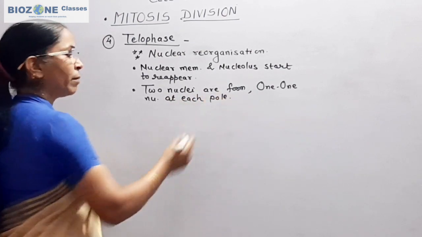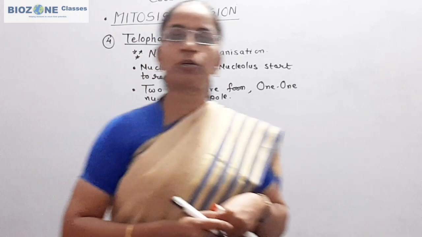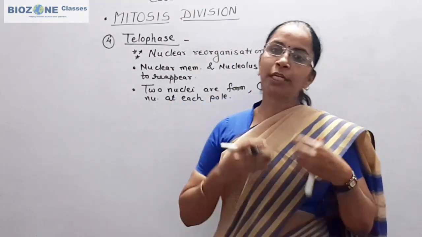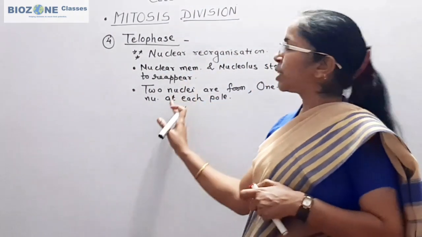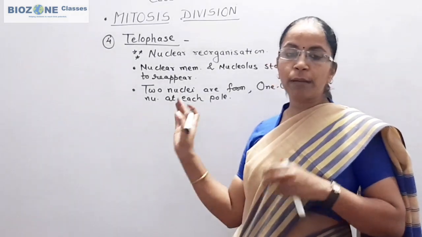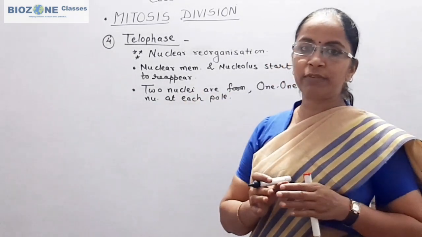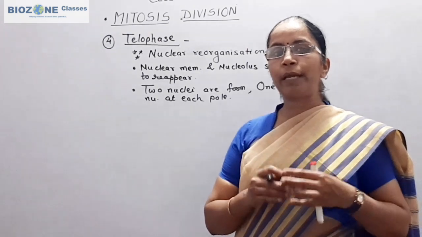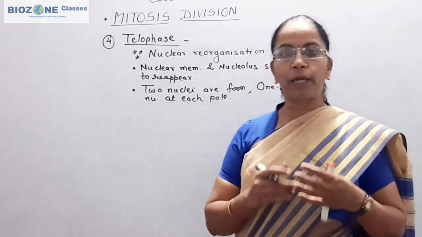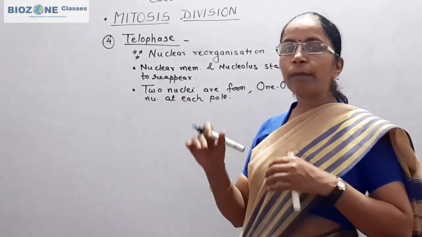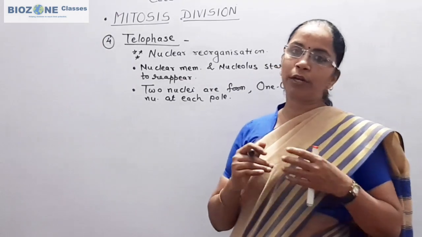So simply, you remember, whatever features we studied in prophase, the opposite of those features take place in telophase, because in late prophase we studied that the nuclear membrane and nucleolus start to disappear, but here the nuclear membrane and nucleolus start to reappear.